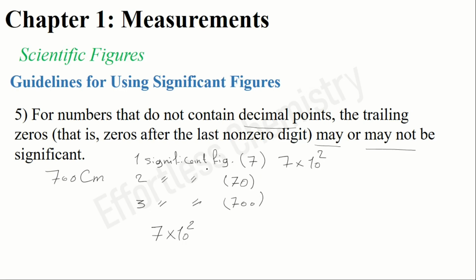For two significant figures, it's better to write 7.0 multiplied by 10^2. And for the last one, better to write 7.00 multiplied by 10^2. For three significant figures, if we want to avoid mistakes, we write it in scientific notation.